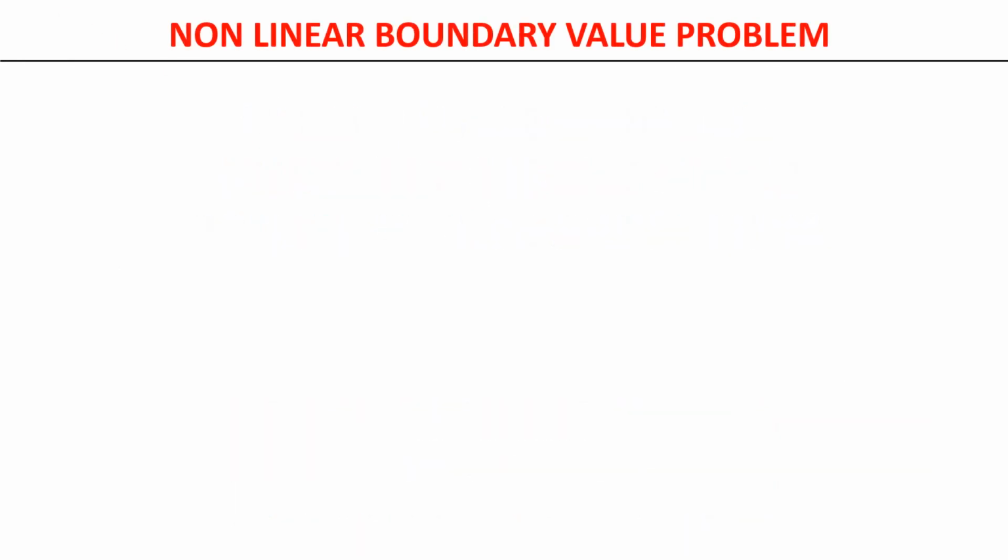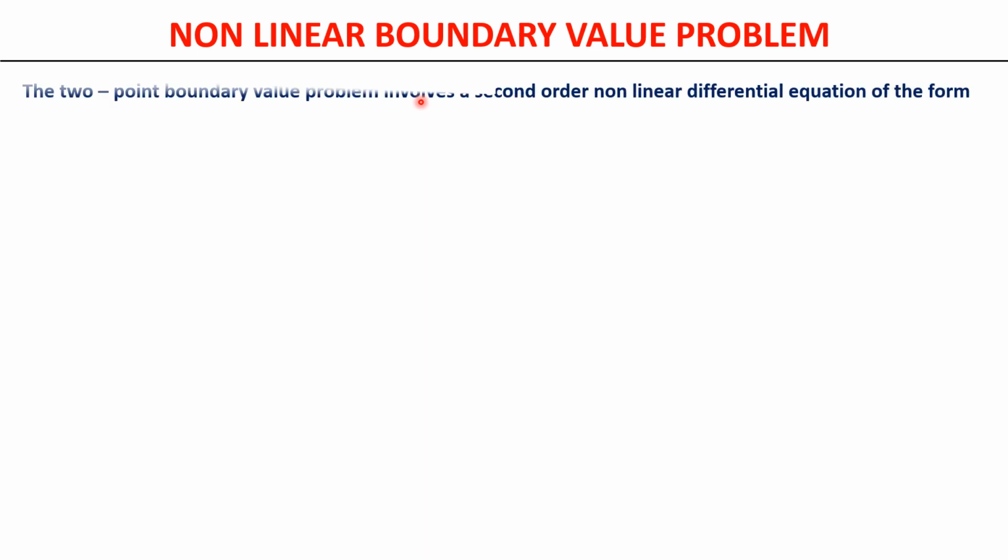First of all, let us define what we mean by a nonlinear two-point boundary value problem. A nonlinear two-point boundary value problem comprises a differential equation of second order, of the form y double dash is equal to f of x, y, y dash, where f of x, y, y dash contains nonlinear terms.